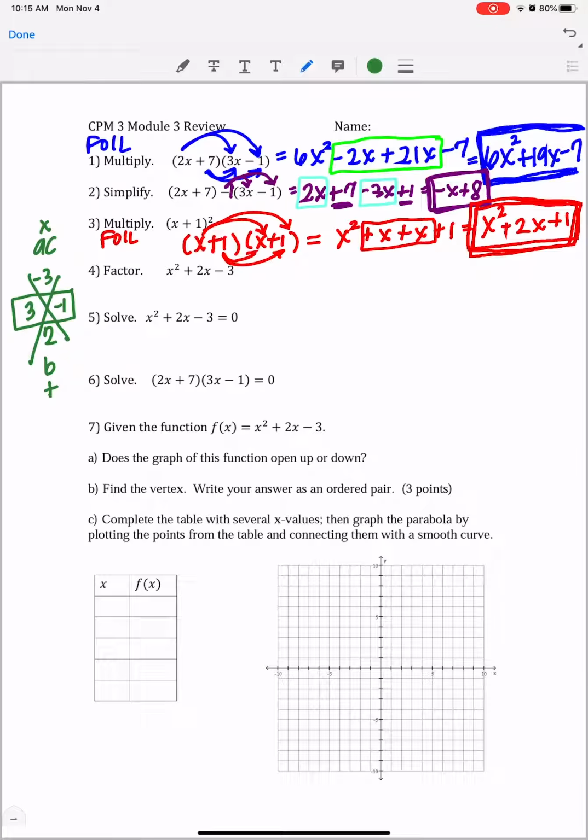So 3 times negative 1 gives me negative 3, and 3 plus a negative 1 is that positive 2. So for number 4, when it says to factor, my final answer is x plus 3 and x minus 1.